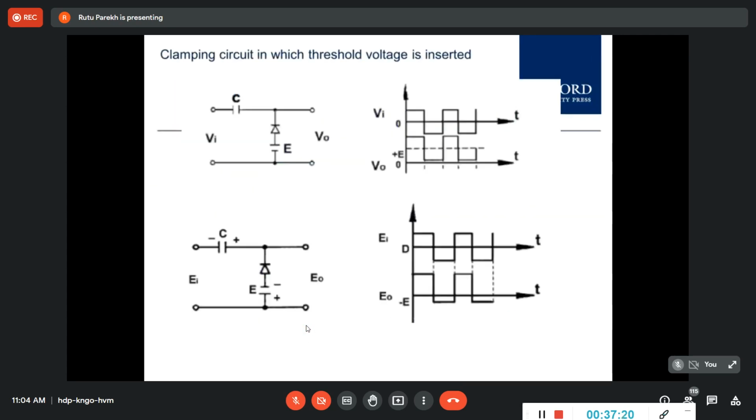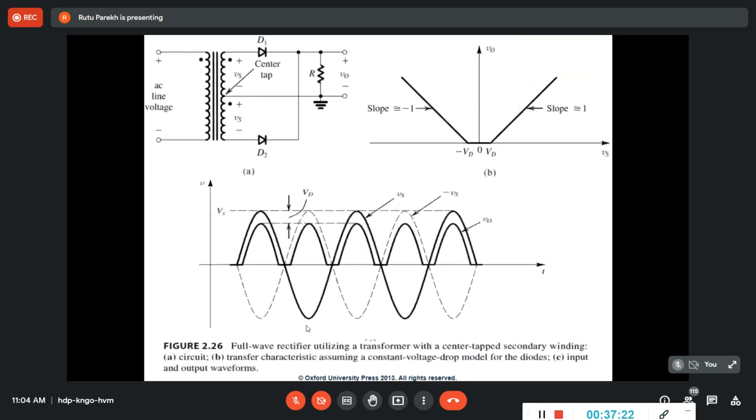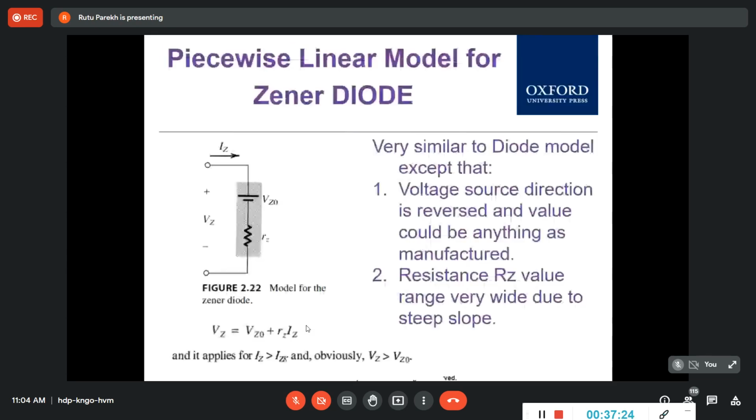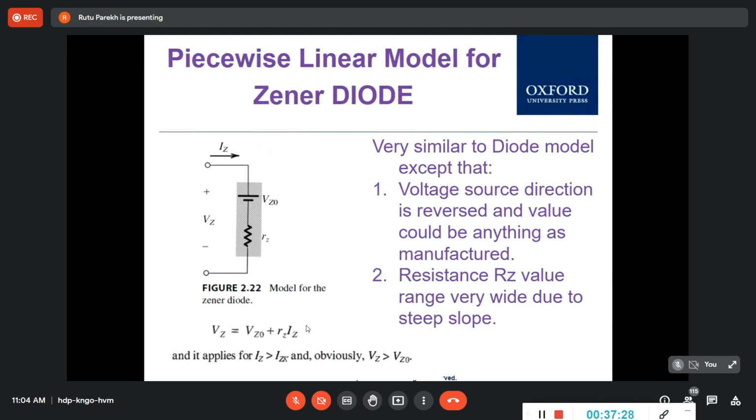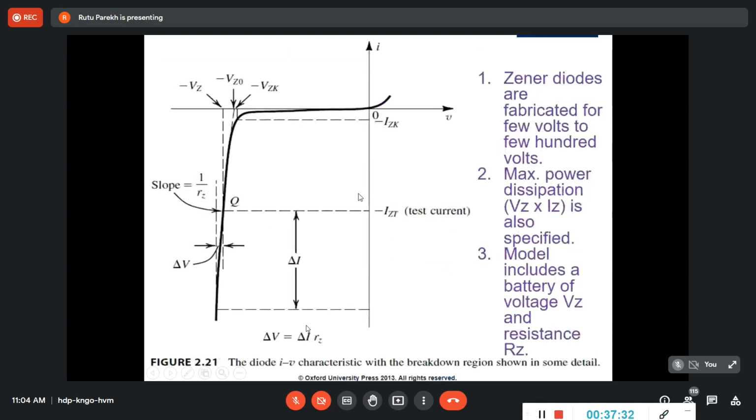When I did Zener, let me go back. This is the same thing when we did Zener. I had explained here that delta V is equal to delta I into RZ. This is the change. This is VZ0 here.